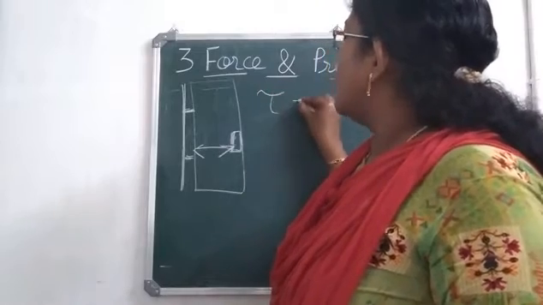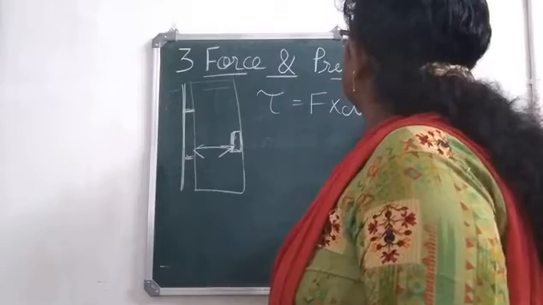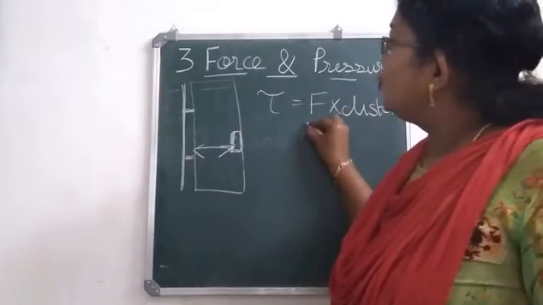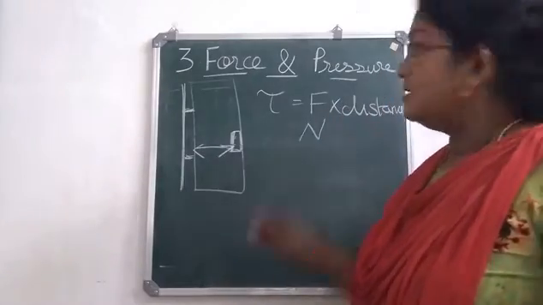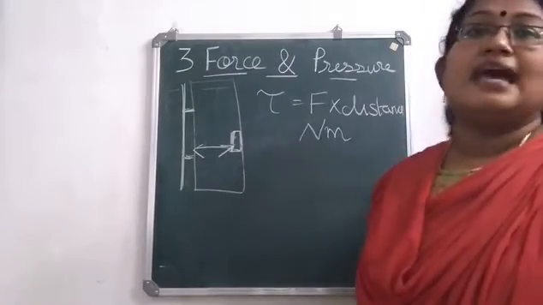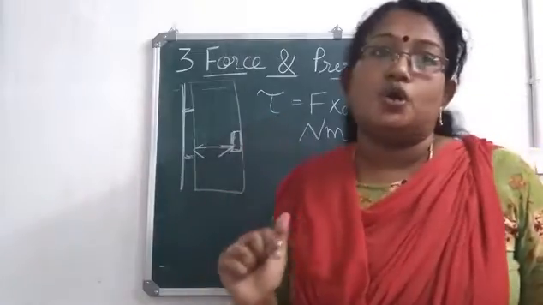I told you torque is given by force into distance, isn't it? What is the SI unit for force? It is Newton. What is the SI unit for distance? Meter. So Newton meter is the SI unit for moment of force or torque.